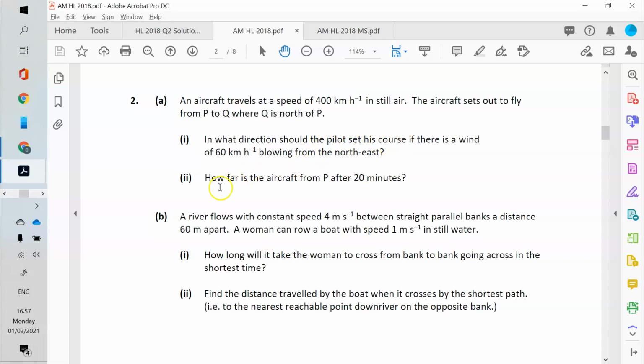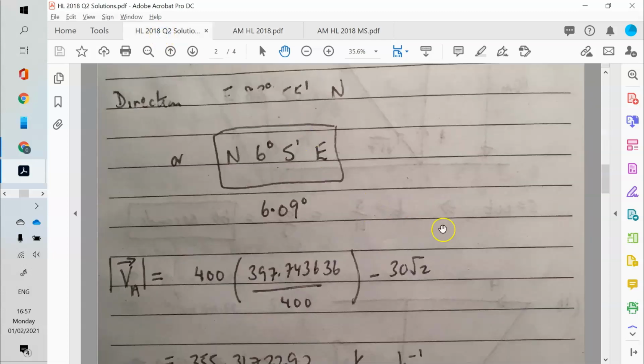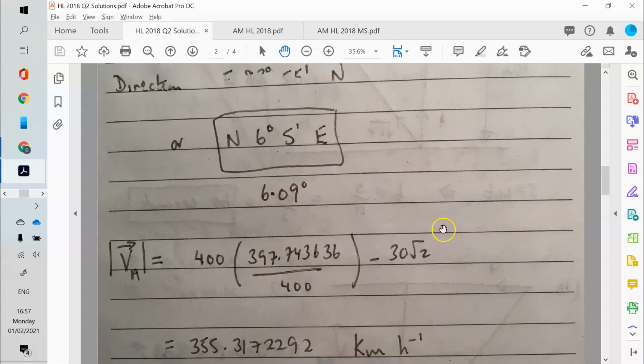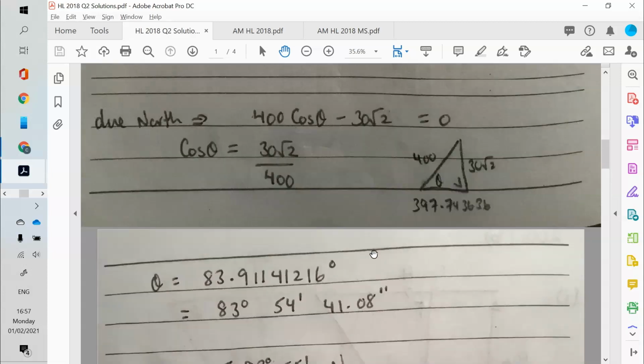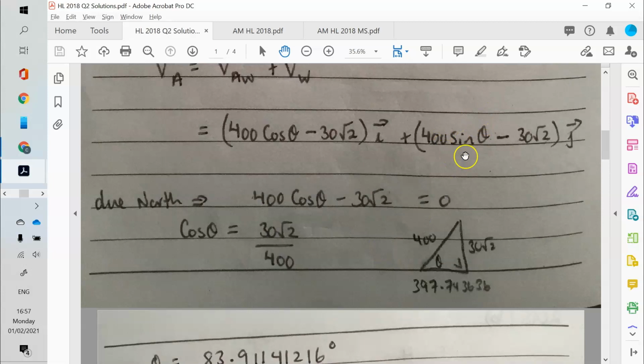So then the next part of the question is, how far is the aircraft from P after 20 minutes? We know that the aircraft is flying with this velocity v that we calculated. We can go back and take our values and plug them in here. We know this is going to equate to 0.